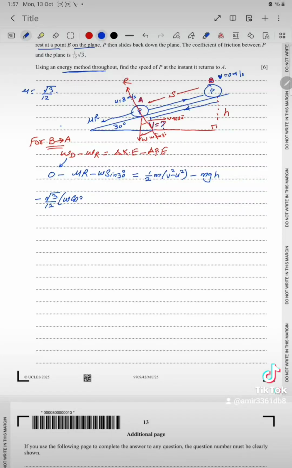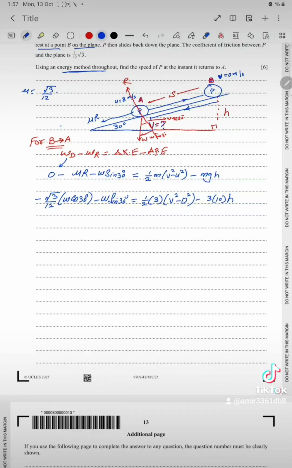W cos 30 minus W sin 30. Half, mass is 3, and here v square we have to find, and initially it's coming from instantaneous rest. So at B it is 0, minus m is 3, g is 10, and H we have to calculate.